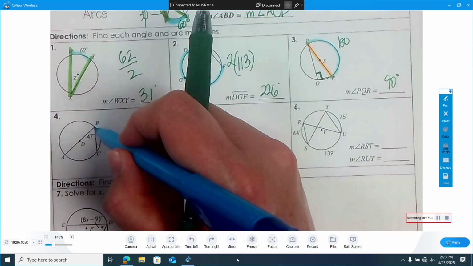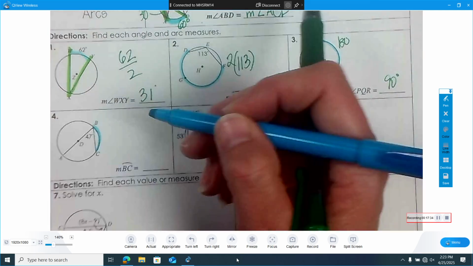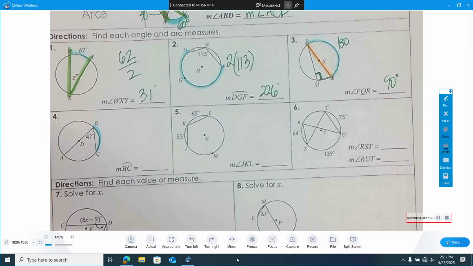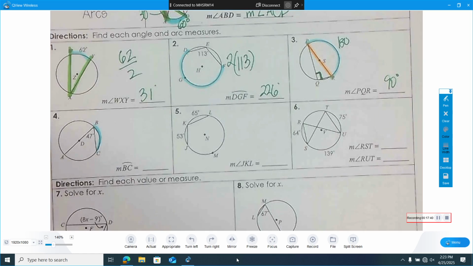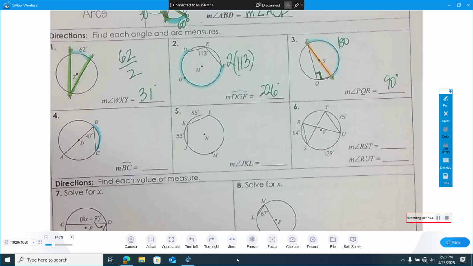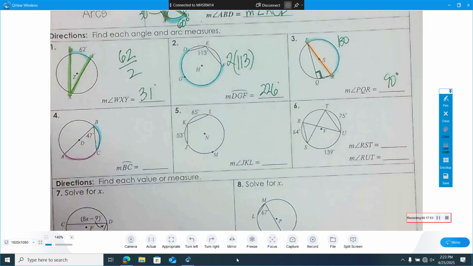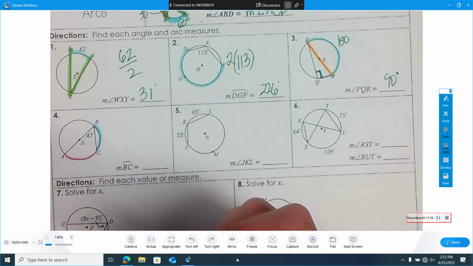We want arc BC right here is what we're looking for. What do you got to do? Okay, it's true. We do have a diameter. What about the pink arc? Can we figure out the pink arc? Yeah. Oh, yeah. All right. What do we got?